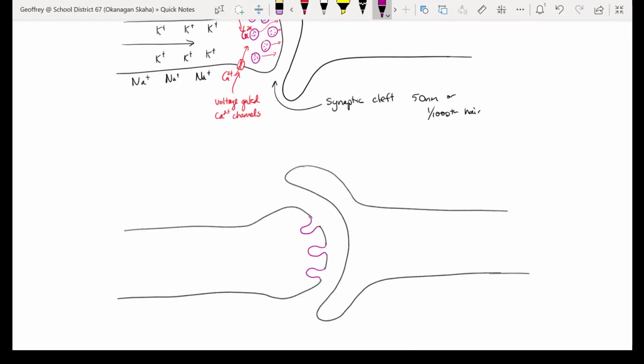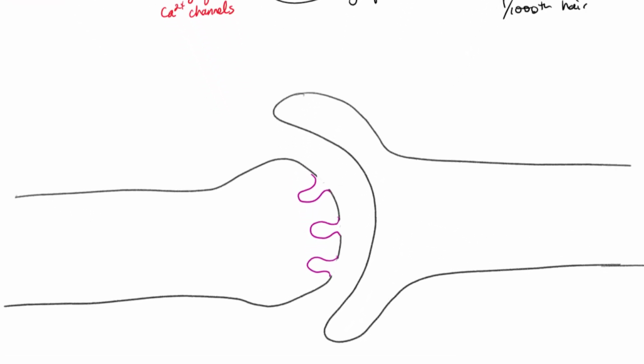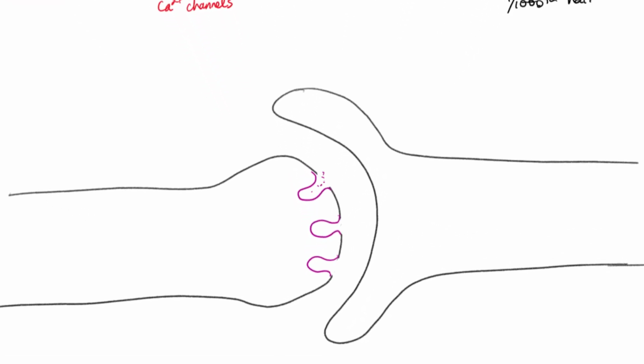So what we have is our neuron being propagated, our nerve impulse being propagated, and the calcium moved in, and it caused the vesicles to go to the presynaptic cell membrane. And what happened was it released the contents into that synaptic cleft. It did that through exocytosis, and remember that from our cell membrane, that's when things are getting sent out of the cell.